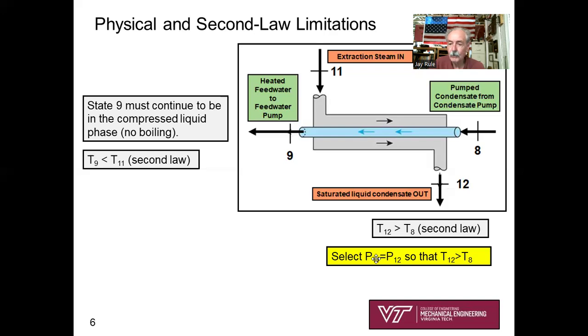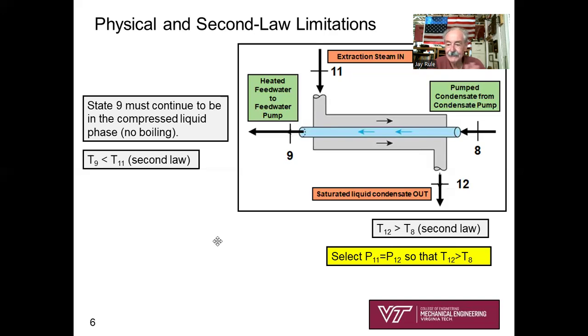Okay. And as an engineer, what does that tell you? It tells you that you need to select the extraction steam pressure. You have to be careful on the extraction steam pressure so that T_sat, in other words T12, at P12 has got to be greater than T8. So do be aware of that.